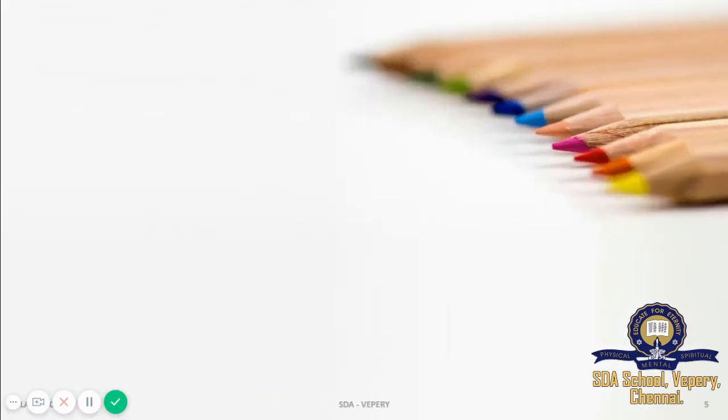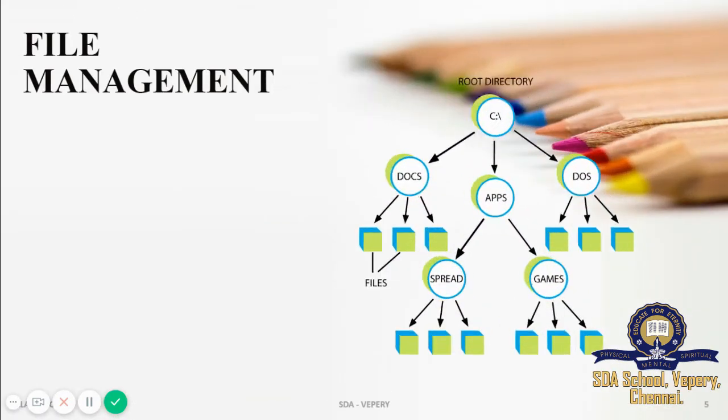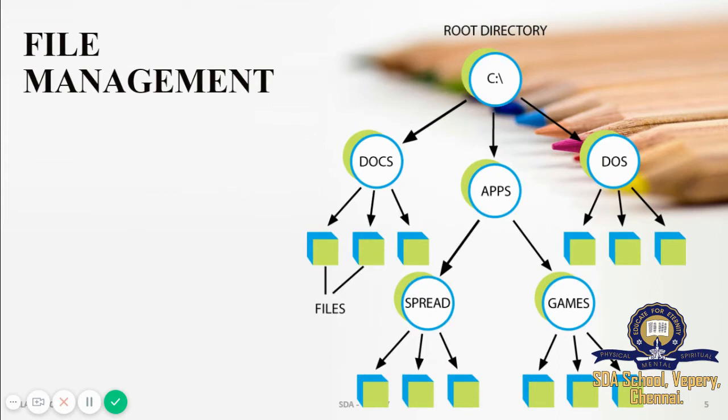Okay, and next we are going to see how files will be created, how a folder will be created for the files, and how it is located in your computer system. Okay, in your computer, if you open My Computer, you will see so many partitions.